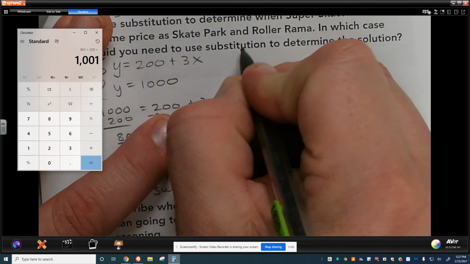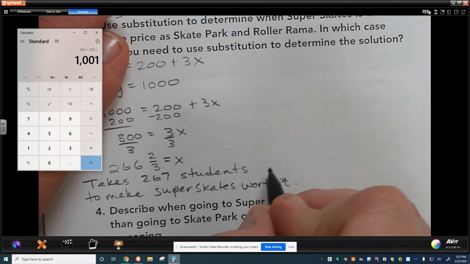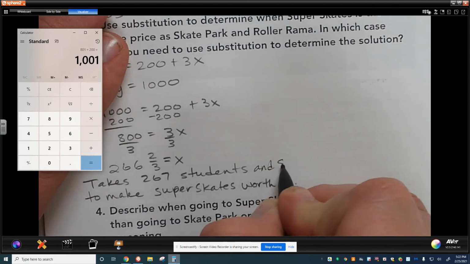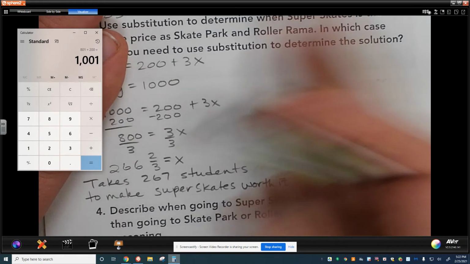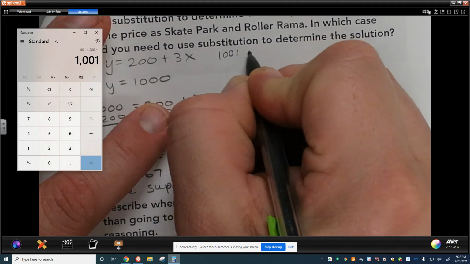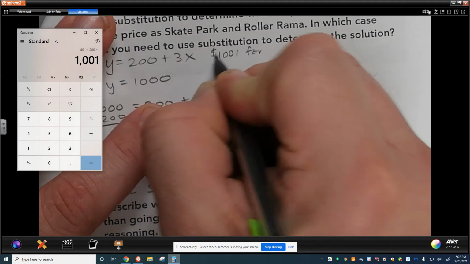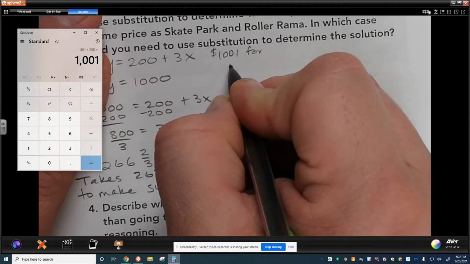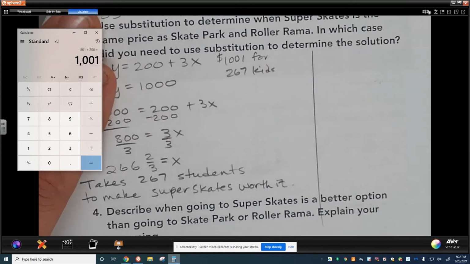This would cost us $1,001. We'll just say it takes 267 kids because it's $1,001 for 267 kids. Okay, now let's compare the other one.